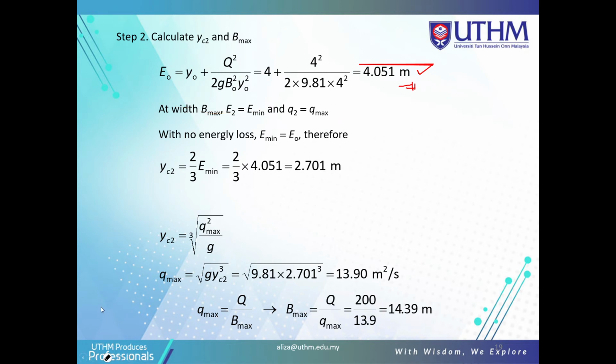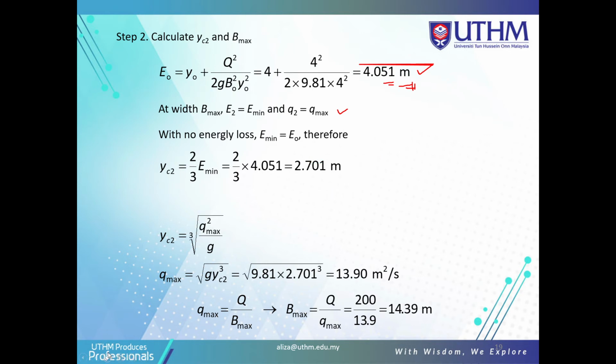With no energy losses, E minimum is equal to E naught. So to get YC critical at 2, we take 2 over 3 times the E minimum, where E minimum is equal to E naught, so we get the value of 2.701.